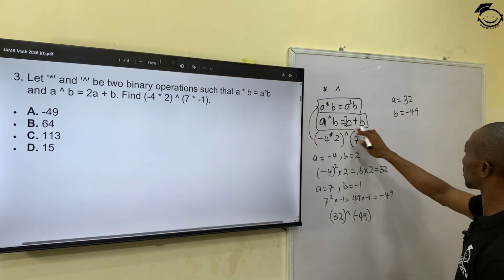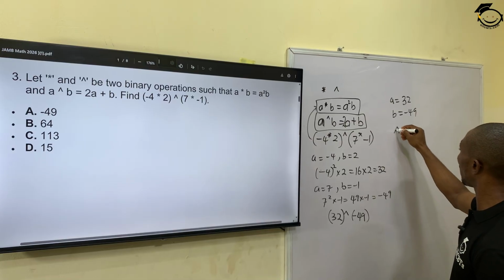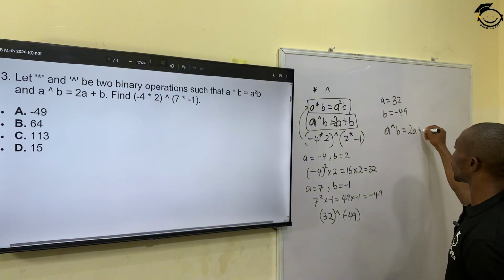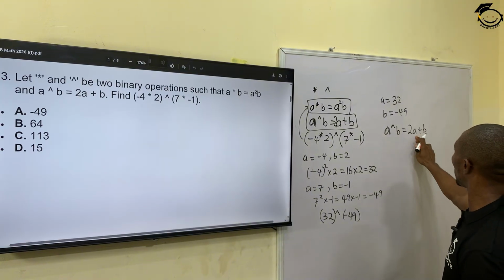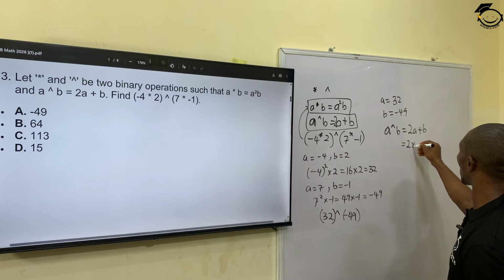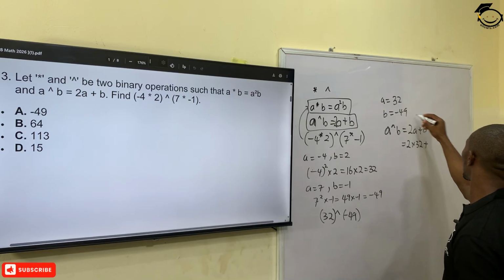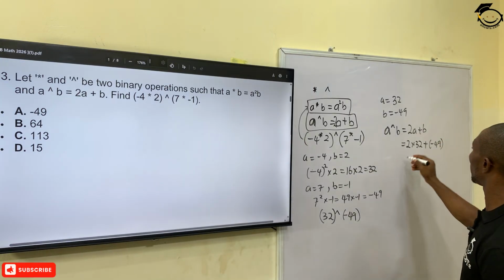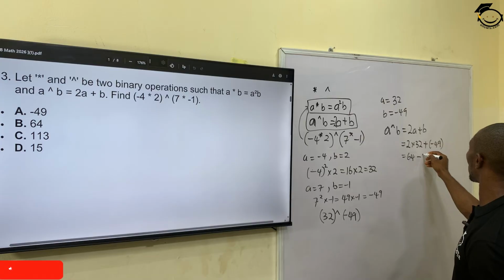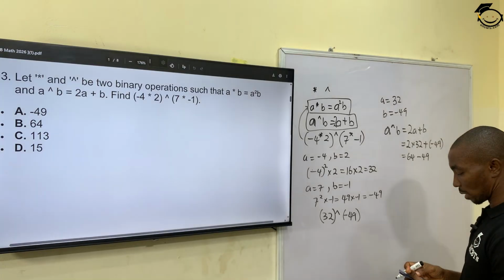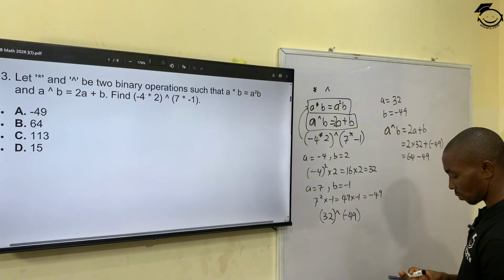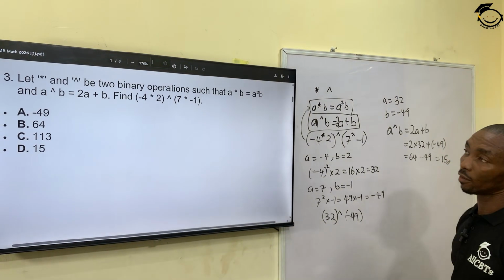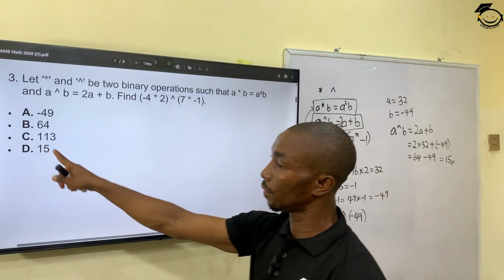For A and B, this will give us 2A plus B. So replacing A here, this will be 2 times 32 plus minus 49, which is our B. So 2 times 32 will give us 64 minus 49, and 64 minus 49 would give us 15. So our answer for that binary operation will be 15.